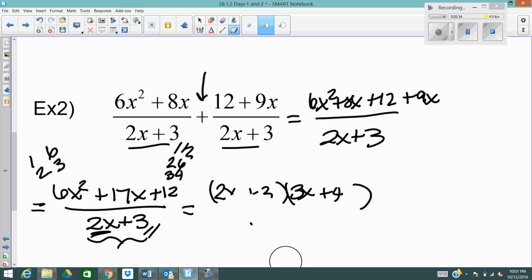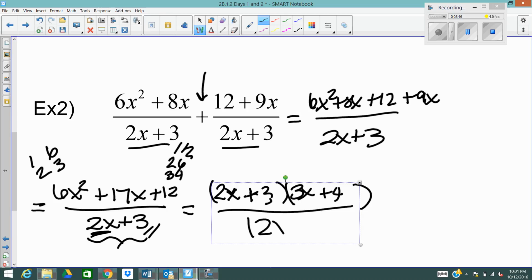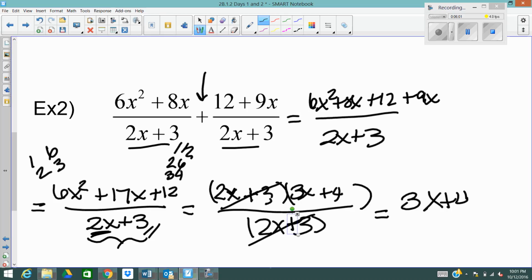So we factored the numerator to be the quantity 2x plus 3 times the quantity 3x plus 4. My denominator is that 2x plus 3. Now, since I have multiplication, and the bottom just the factor, I'm going to cancel my factors, and I'm left with 3x plus 4.